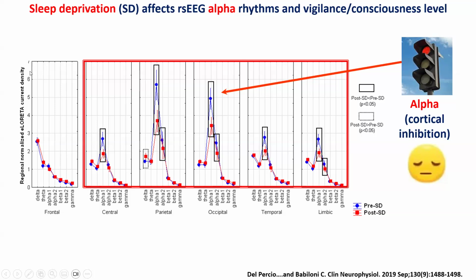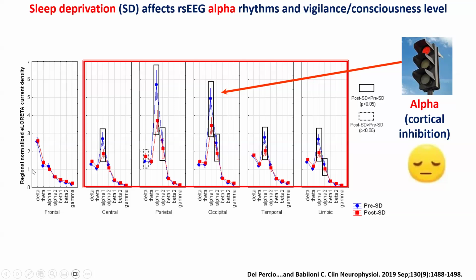You see that in the vertical axis, you have the cortical source activation estimated by a free software called LORETA, which is the mathematical way to estimate the currents in the cortical sources from scalp recorded resting state EEG activity.